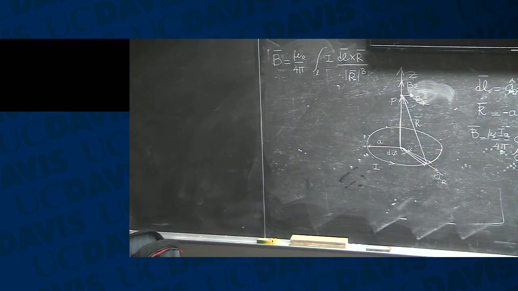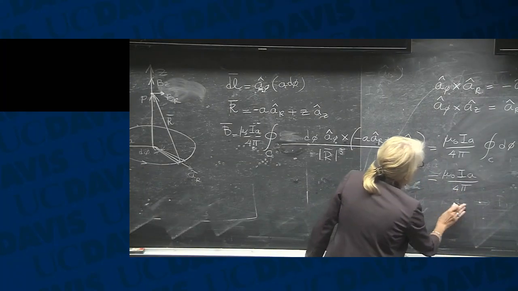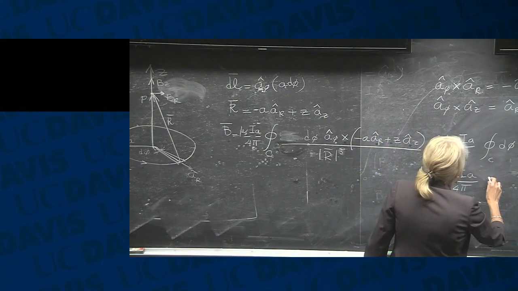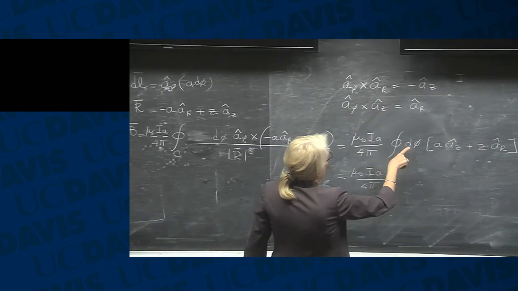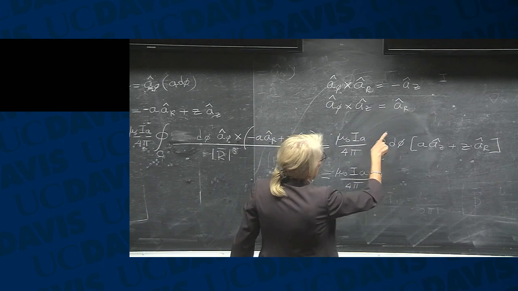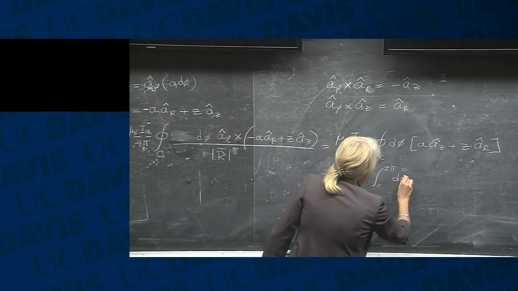So here I have mu naught IA over 4 pi. And then I will have, this is along the line of d phi. This is going to be from 0 to 2 pi, 0 to 2 pi d phi.